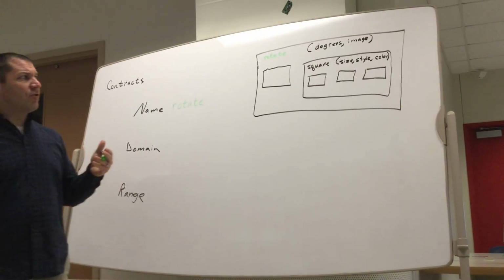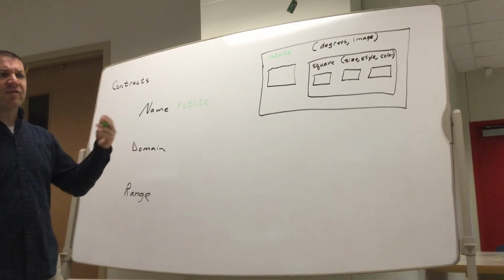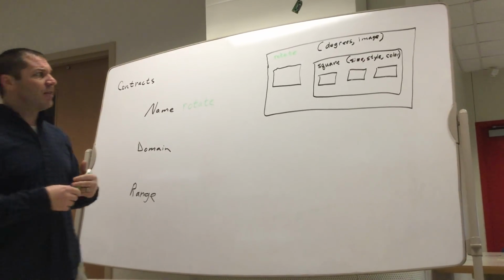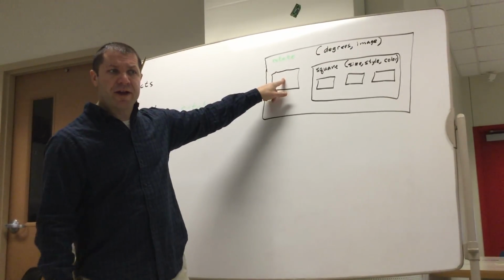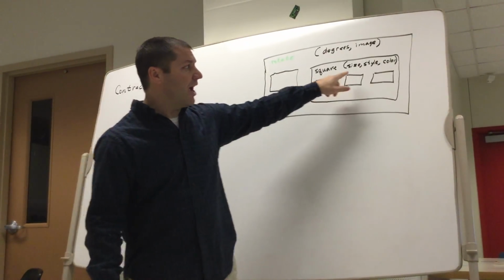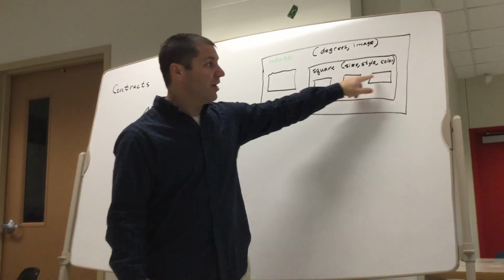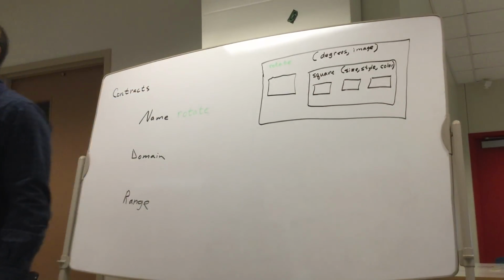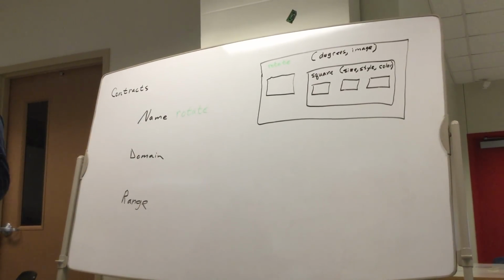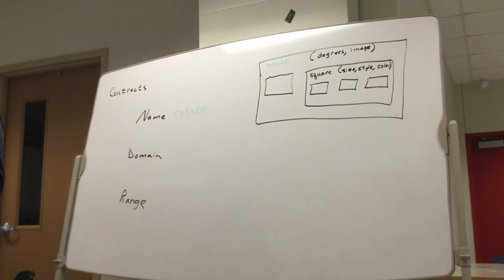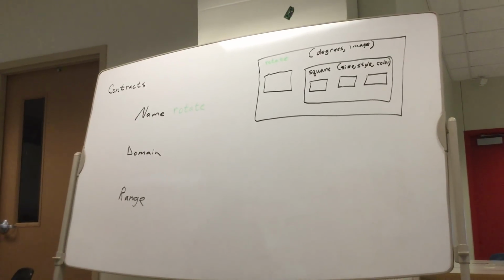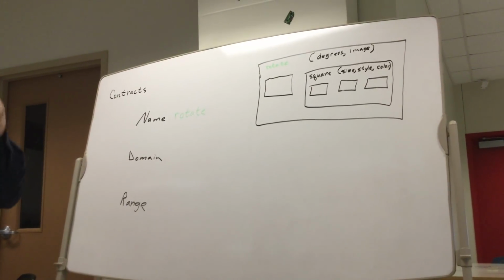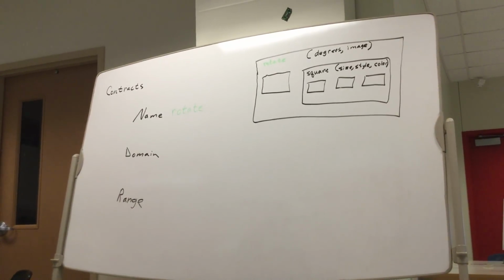What some kids are doing for rotate is they list all these inputs: a number for degrees, then a number for size, a string for style, and a string for color. But here's the purpose of rotate. We want to be able to rotate any image that's out there, not just a square. We want to be able to rotate a triangle, any polygon, or any image function that we have.